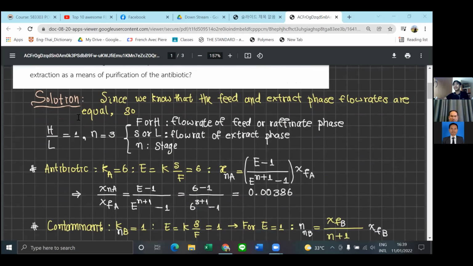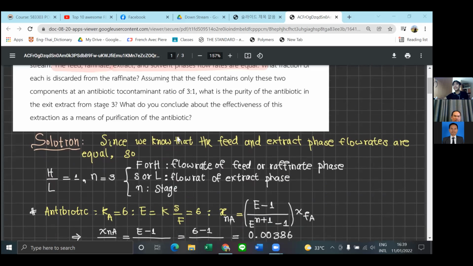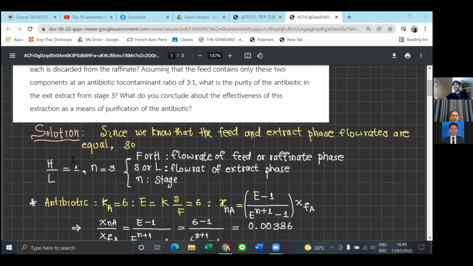So for the solution, since we know that the feed, raffinate and extract flow rates are equal, we can write, actually from some lecture, it's actually A and L. This I found from the internet.